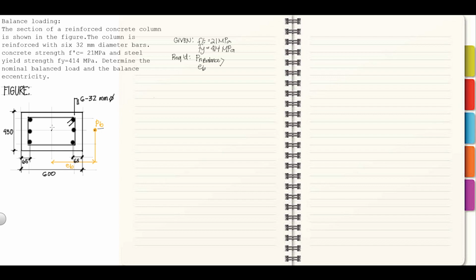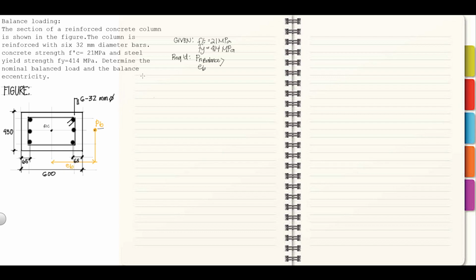As you can see, this is a symmetrical column along this direction. Therefore, nasa gitna po yung ating plastic centroid, the PC. So the E balance is from the PC up to the nominal balance load. Yan yung ating EB. Ito yung hinahanap natin.